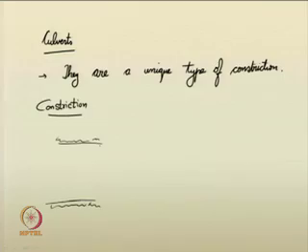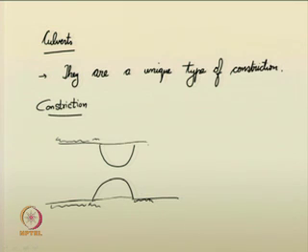We are not talking about that. The man-made things, suppose some engineering construction is being built, it is required so that the particular channel remains stable and all for certain purposes.